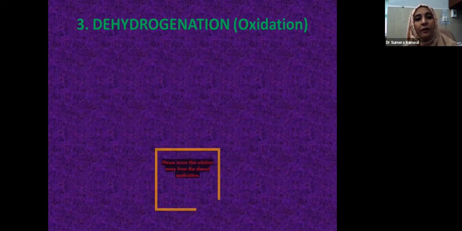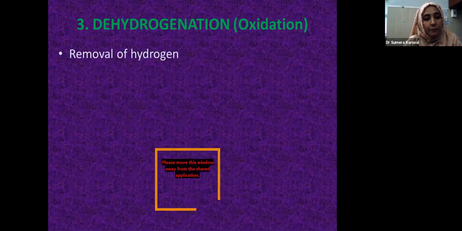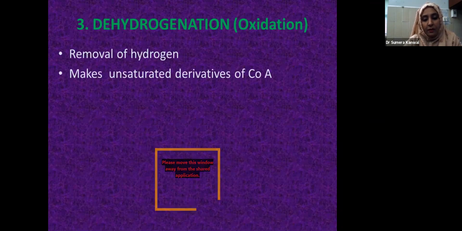The third step comes after the oxidative decarboxylation that converts the alpha keto acids into their respective decarboxylated coenzyme A forms. Then they undergo oxidation or dehydrogenation, the removal of hydrogen, in the presence of FAD. They make these unsaturated derivatives of CoA.